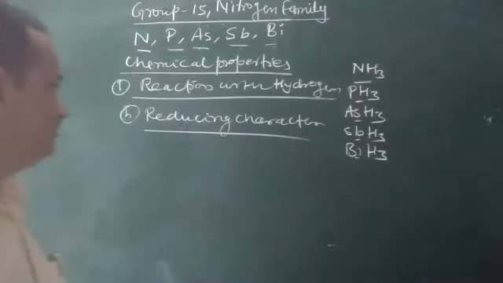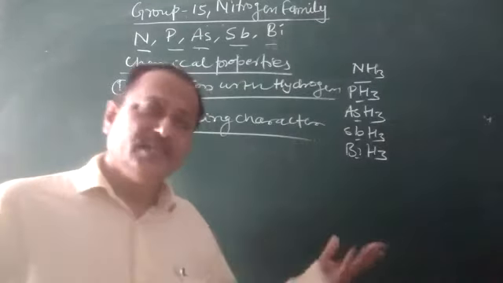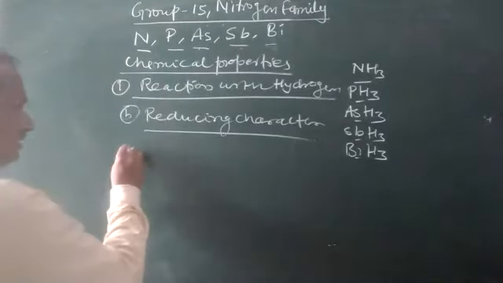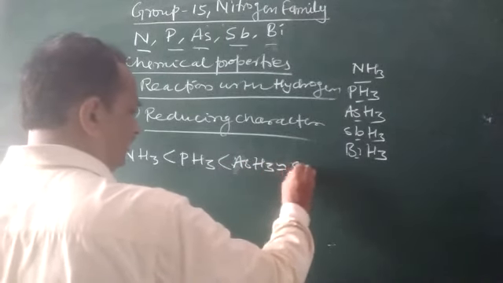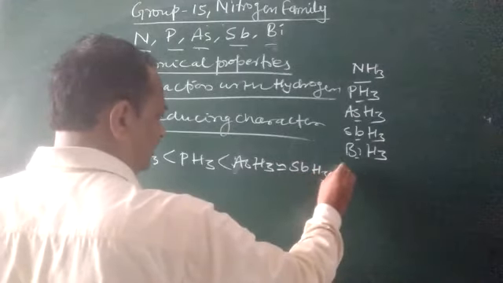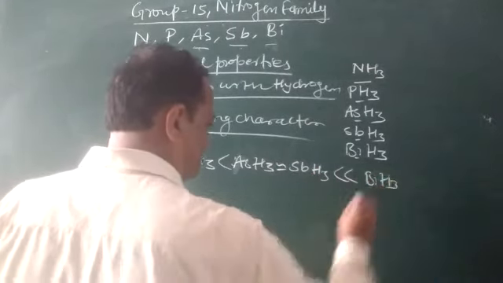Now this is a very important point. Reducing character means the ability to provide hydrogen. So NH3 is very weak, and reducing character increases down the group.